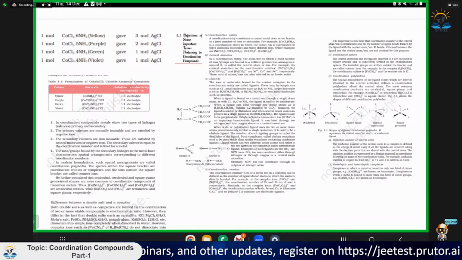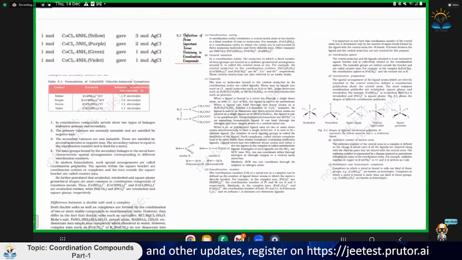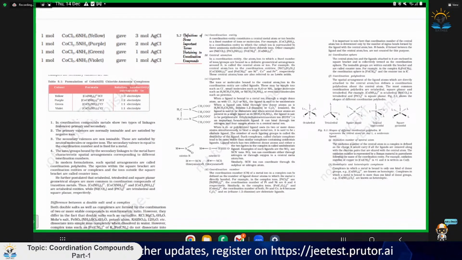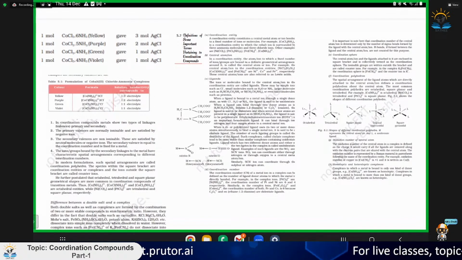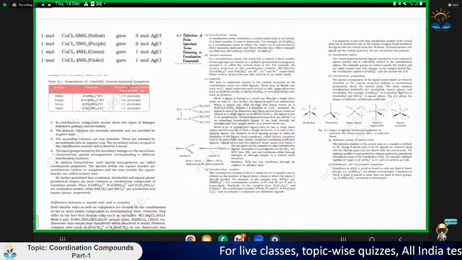CoCl3.4NH3 exists in 2 forms with different colors because of stereochemistry. In the 4 beakers, one gave 3, the second gave 2, then 1, and 1. Based on that, he formulated some postulates for coordination compounds.